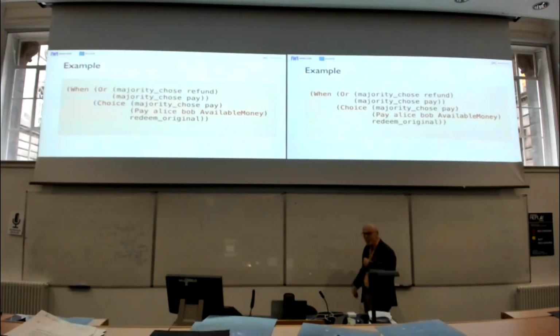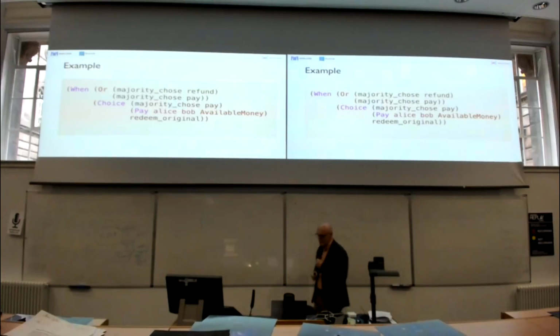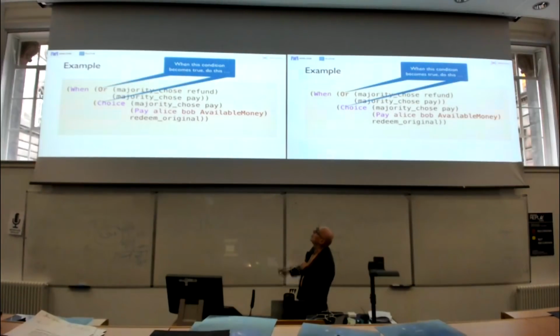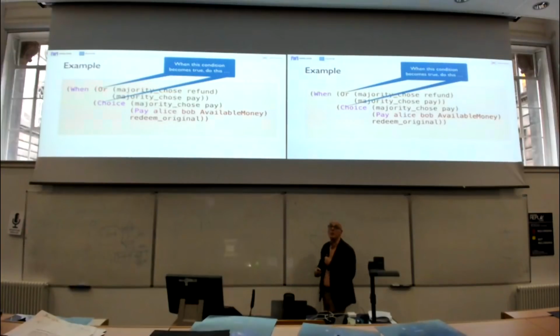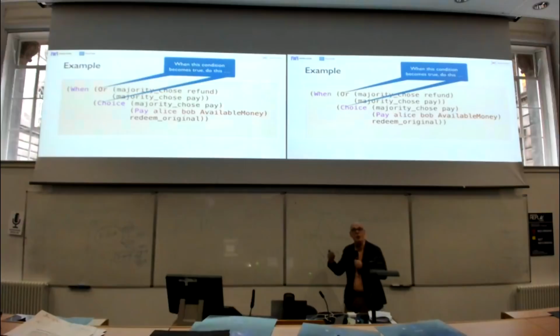And in particular, the things I highlight in pink here are the building blocks of the contract. We have an option to say when this condition becomes true, do what the contract here says. So we can wait for a condition to become true.